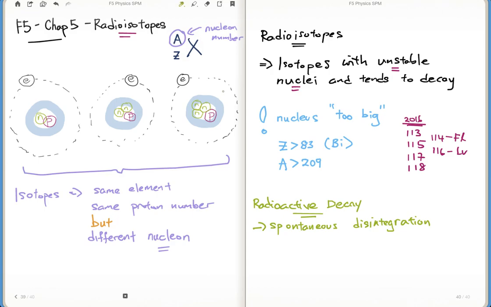Disintegration of what? Disintegration of an unstable nucleus into a more stable nucleus. This is basically the definition.